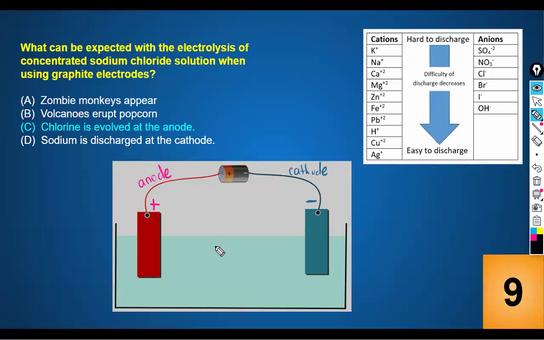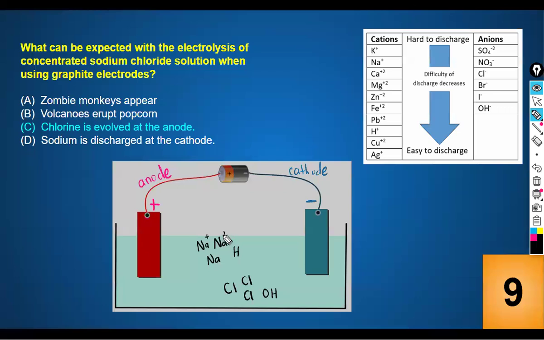So since it's concentrated sodium chloride, you're going to get a lot of sodium, and you're going to get what? A lot of chlorine in comparison to water. In water, you're going to get H and OH ions.